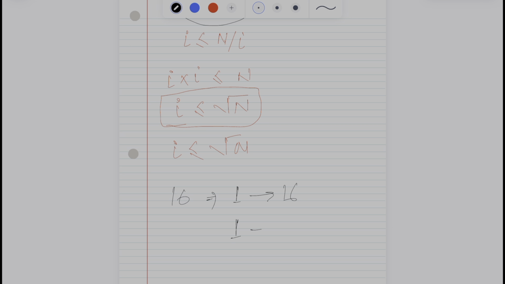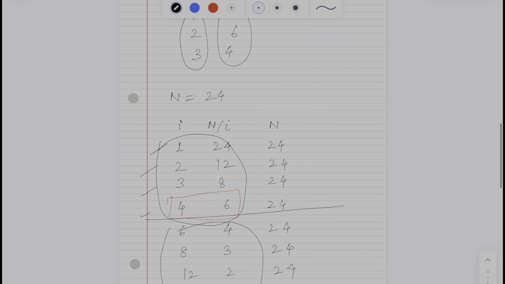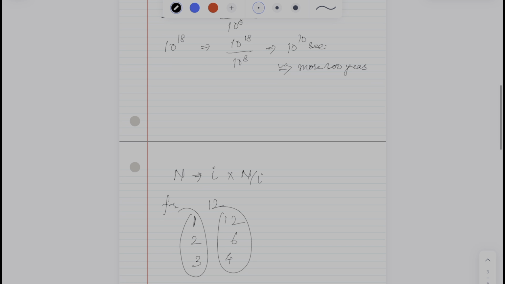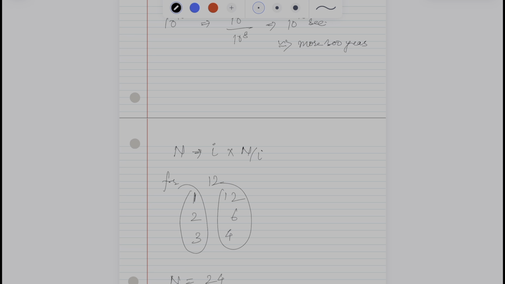So you can see how much reduction we have done using some key facts from the problem, that we first analyzed that any of the factors always occur in pairs. Then we find a relation between both of them, and the relation comes up to i is smaller than or equal to n by i.